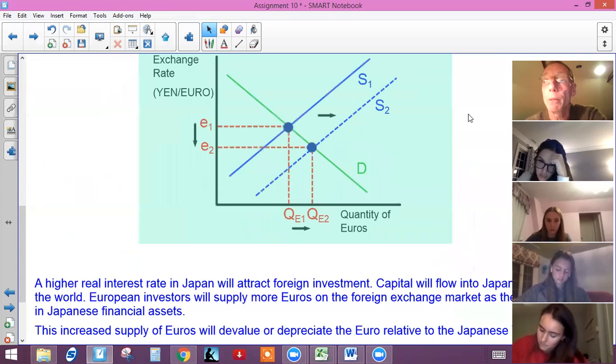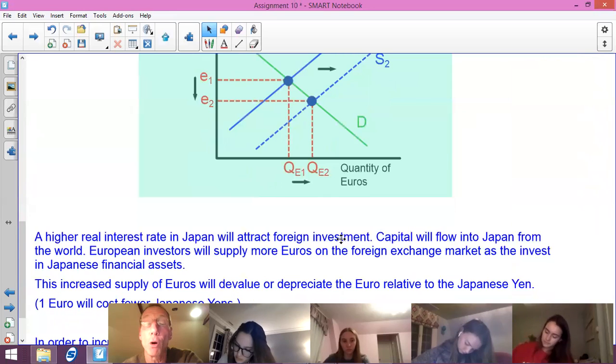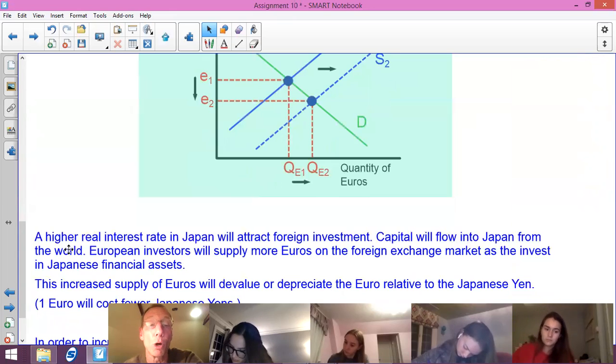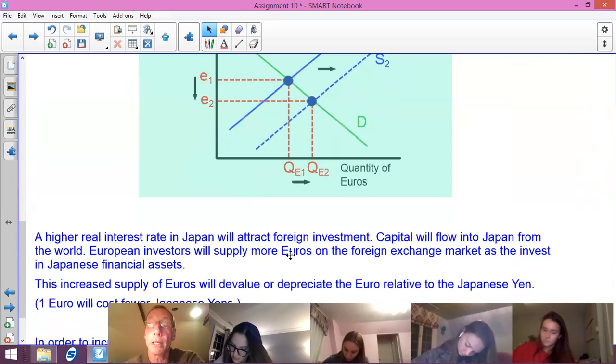Because why? Because a higher interest rate in Japan will attract foreign investment. Okay, because they're going to come in and want to take advantage of this higher interest rate. So capital will flow into Japan from the world. So European investors will supply more euros on the foreign exchange market in order to invest.